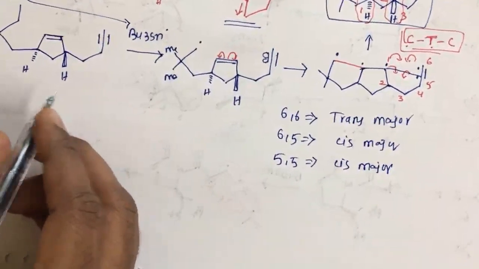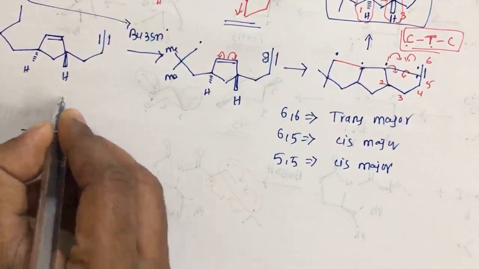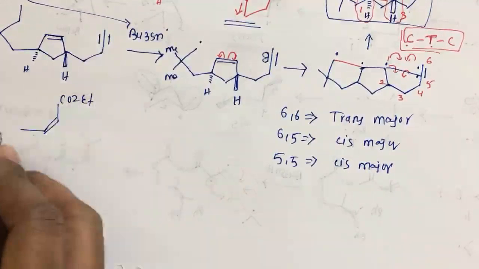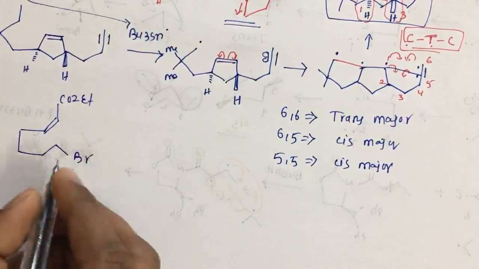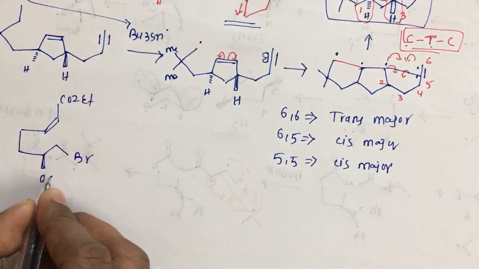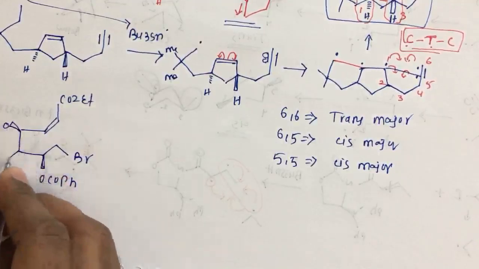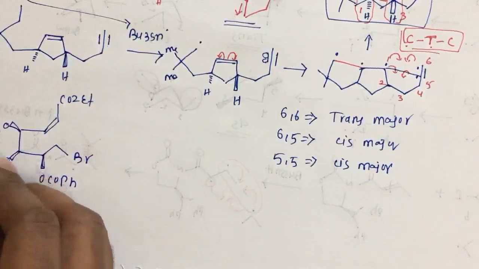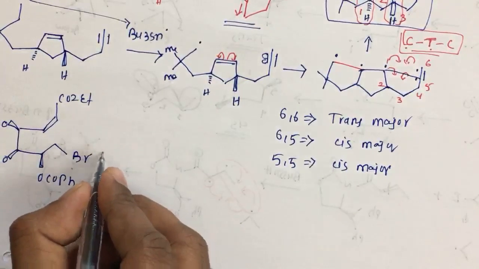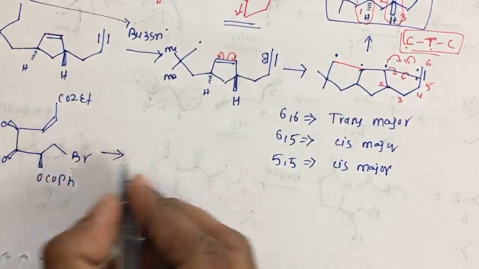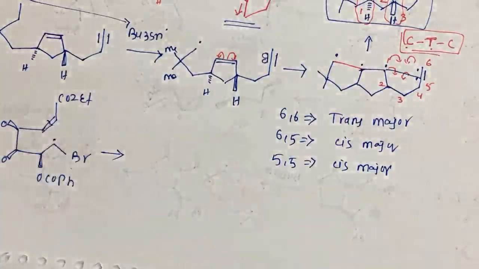Then CO2Et, Br, this is OCOPh, like this is there. So here the radical will come here, and this bond gets broken, homolytic cleavage.